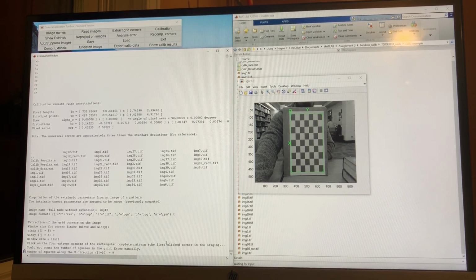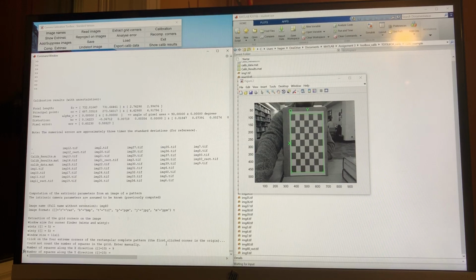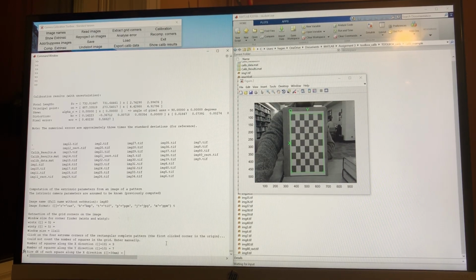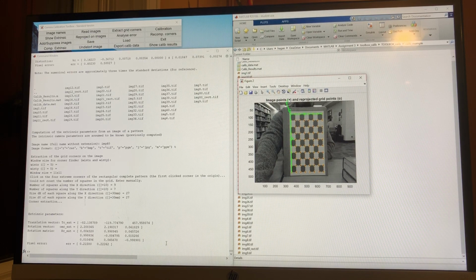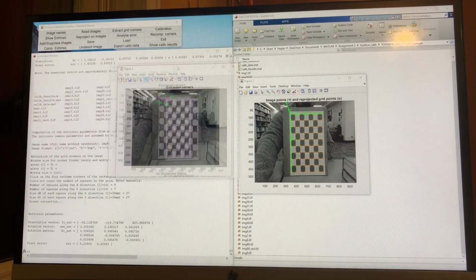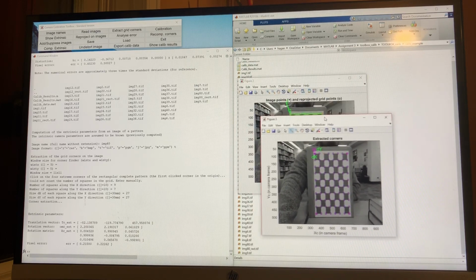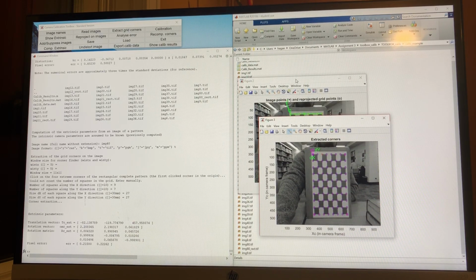There are 9 squares in the X direction, 7 in the Y, and each one is around 27 millimeters from what I measured manually. And this is giving us our translational vector, and if we go through, we can see our delta x and our delta y.